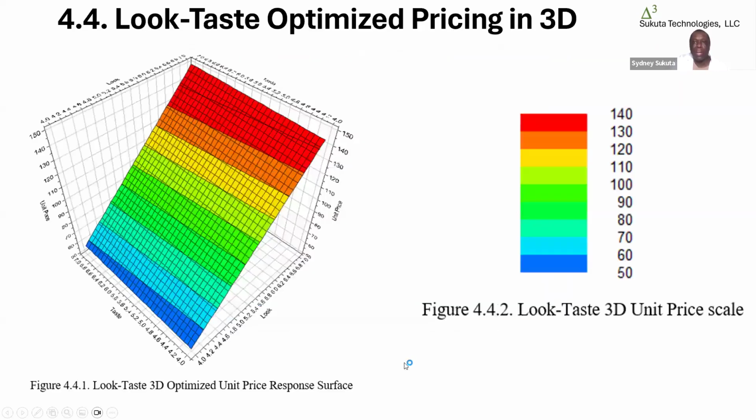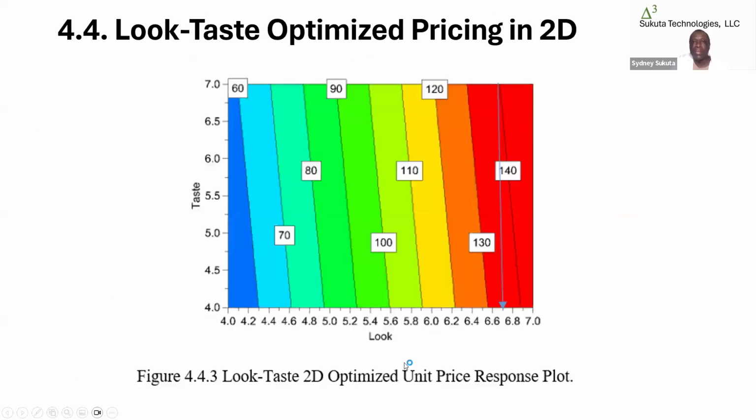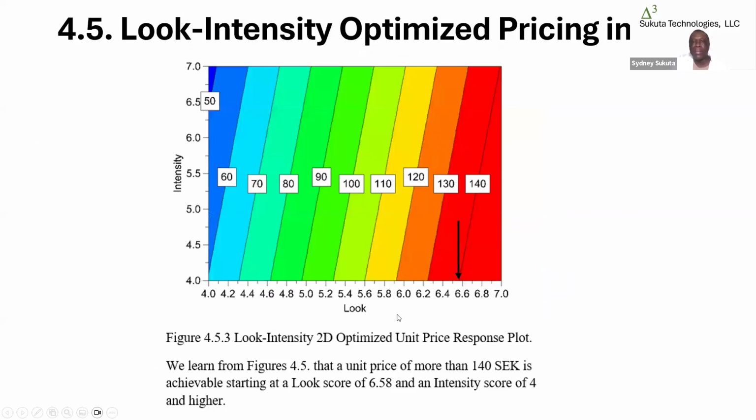All right, so again, let's look at look and taste. We will say the same situation: look around 6.7, and the taste at around 7, you can hit 140. And then we look at intensity, a little bit under 6.6.